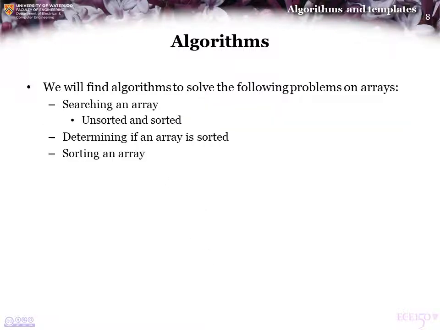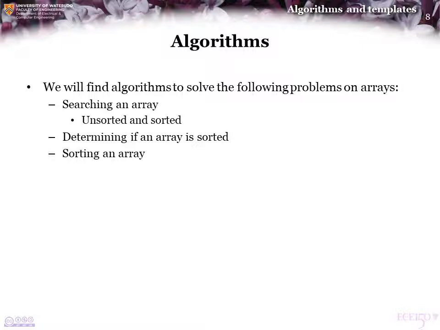All right, in the next few topics, we're going to find algorithms or design algorithms to solve the following problems on arrays. We will also implement these solutions or these algorithms in C++ as functions. First of all, we're going to start with searching an array, both arrays that are unsorted and sorted.